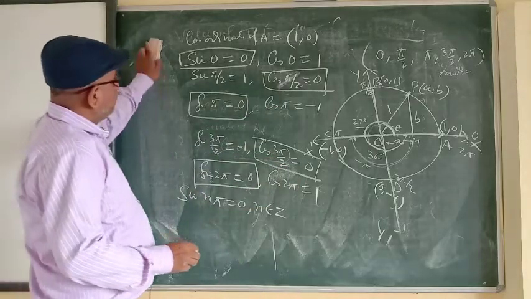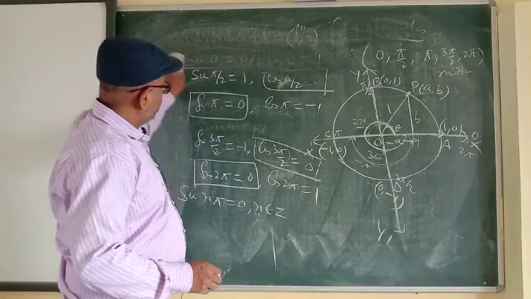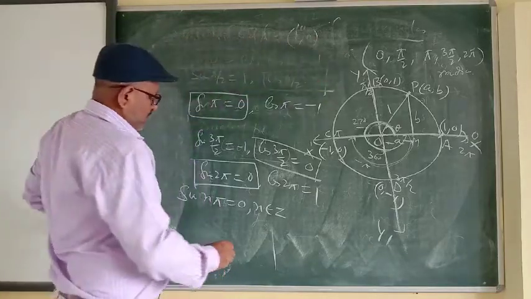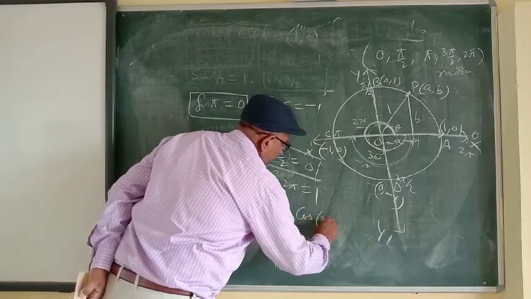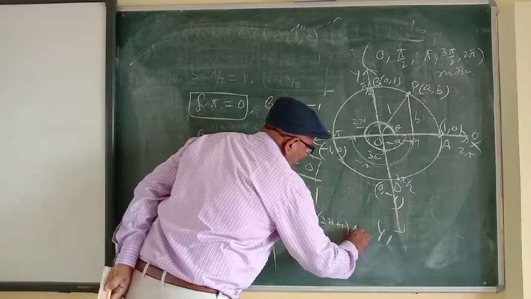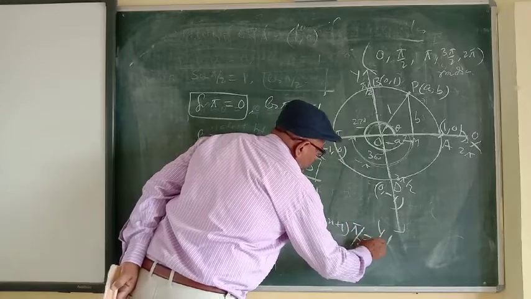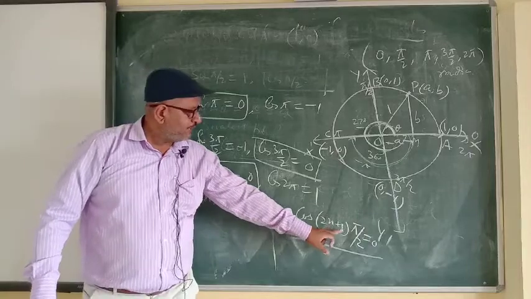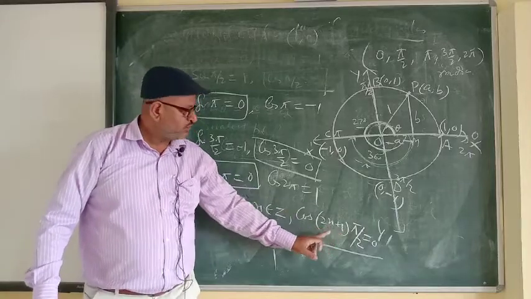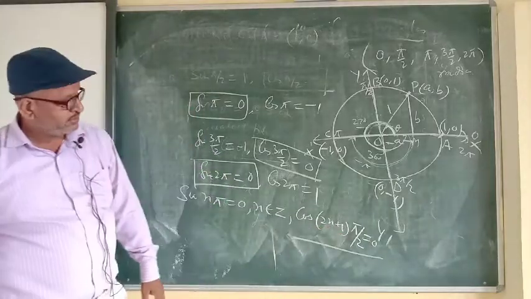So we can write cos of (2n plus 1) pi by 2 is equal to 0. 2n is even; if we add 1, it will become odd. So an odd multiple of pi by 2.